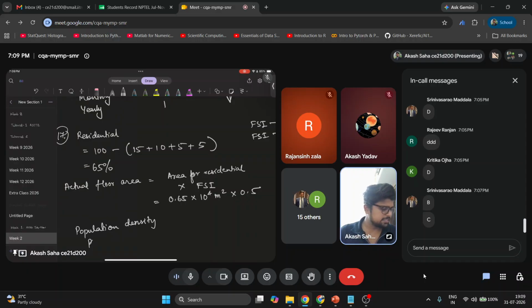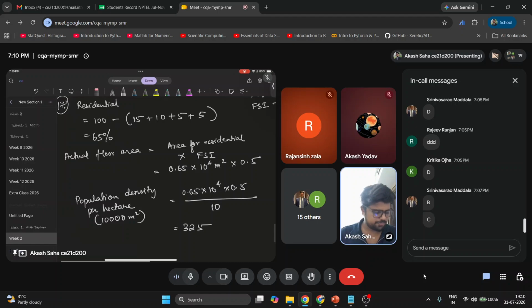Population density per hectare, or 10,000 meter square, will be equal to 0.65 into 10 to the power 4 into 0.5 divided by the population density that is given as 10 meter square per person. So this is 325. I hope this is clear to all of you.